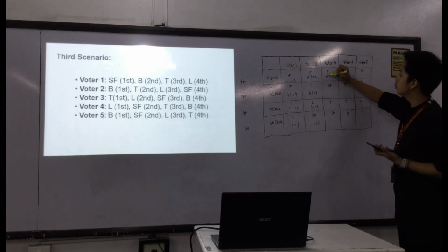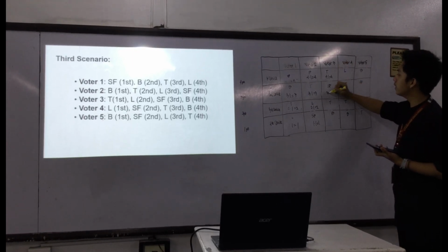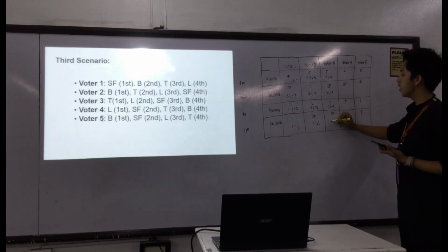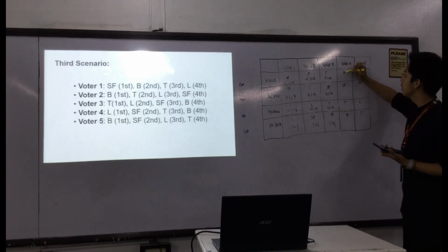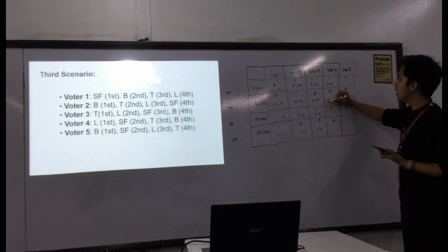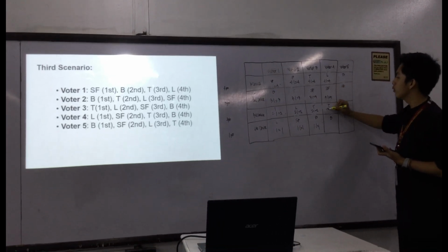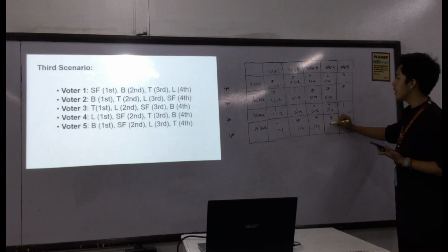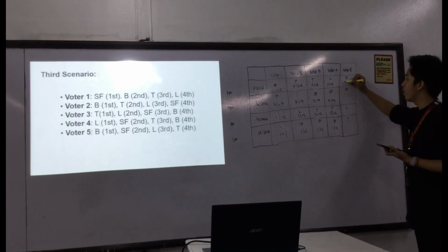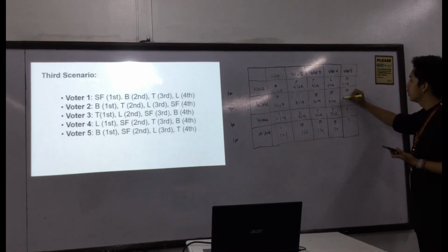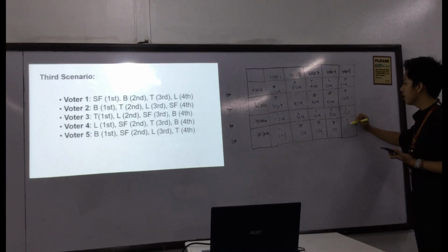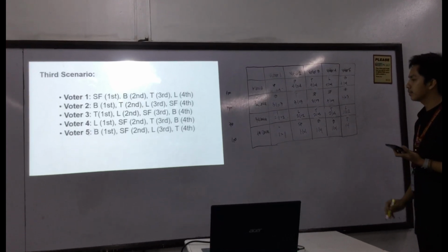Then the same for the remaining voters: 4 times 1 is equal to 4, 3 times 1 is equal to 3, 2 times 1 is equal to 2, then 1 times 1 is equal to 1.